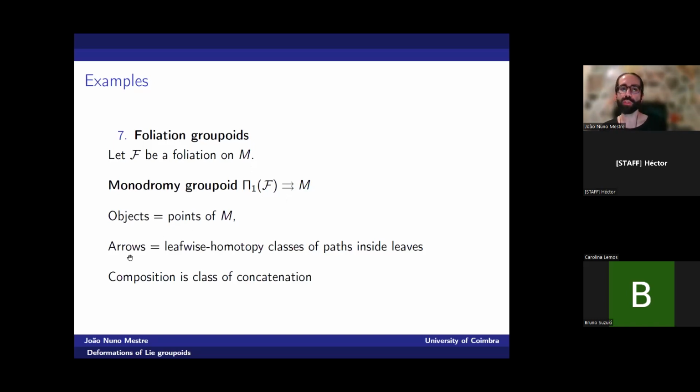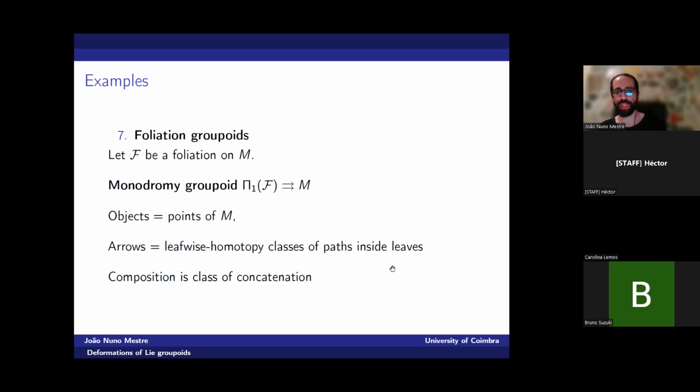And I'm going to have arrows only between points which are in the same leaf. And arrows will be leaf-wise homotopy classes of paths such that the path is completely inside the leaf, and the homotopy classes are only with respect to homotopies that stay inside the leaf. And then I can compose such homotopy classes of paths just by the class of the concatenation.